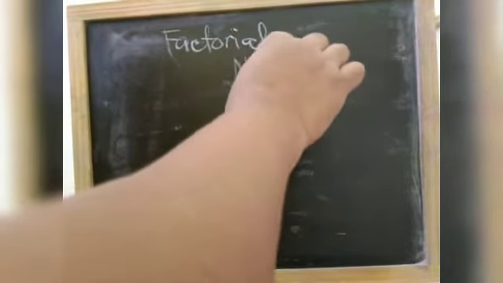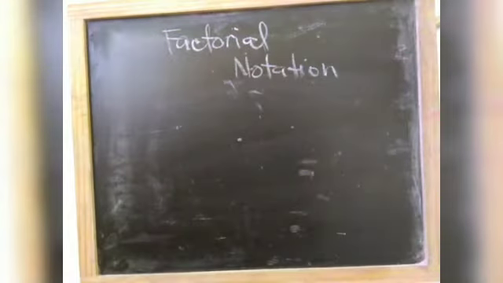So, to start our lesson, konting recall lang tayo nung naging lesson nyo nung grade 8 kayo, which is what we call the factorial notation. Ano ba itong factorial notation na to?